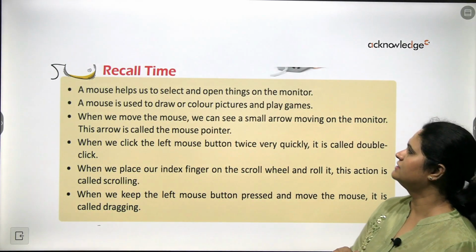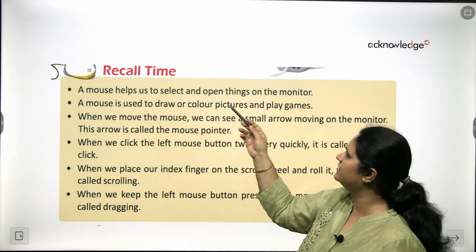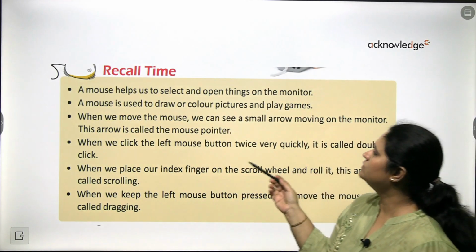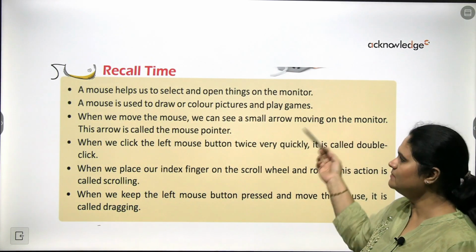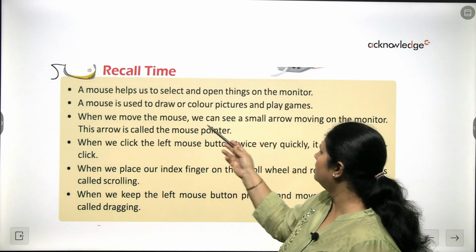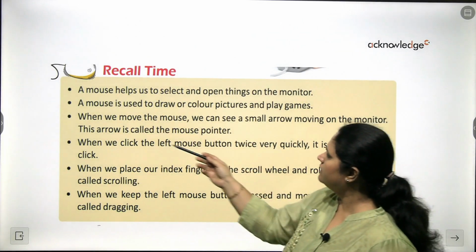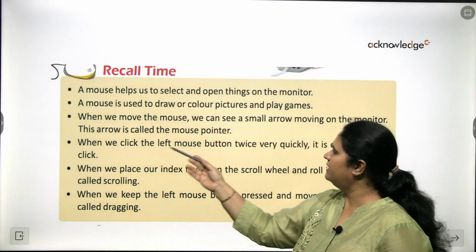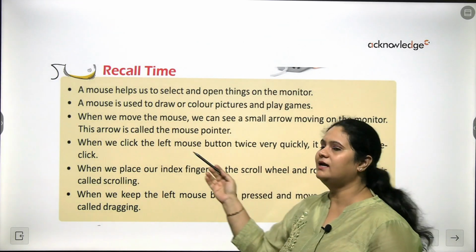Now, let us recall whatever we have done. The mouse helps us to select and open things on the monitor. A mouse is used to draw or color pictures and play games. When we move the mouse, we can see a small arrow moving on the monitor. This arrow is called the mouse pointer. When we click the left mouse button twice, very quickly, it is called a double click.